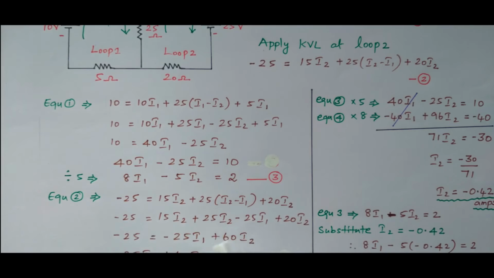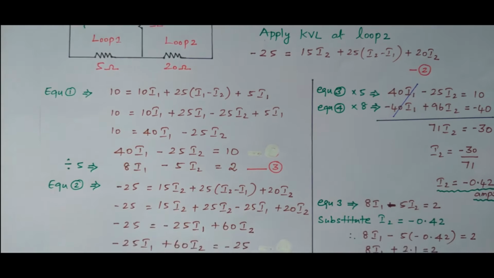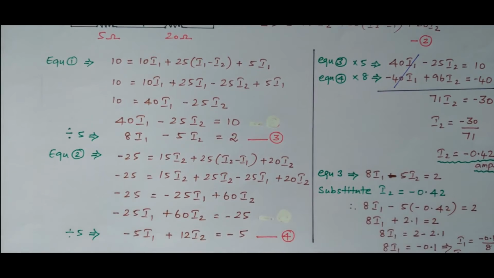And I1 available one time, minus 25 I1. Now the terms are rearranged. Minus 25 I1 plus 60 I2 equal to minus 25.